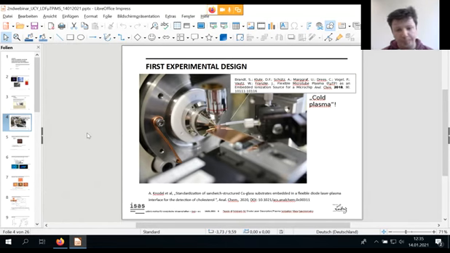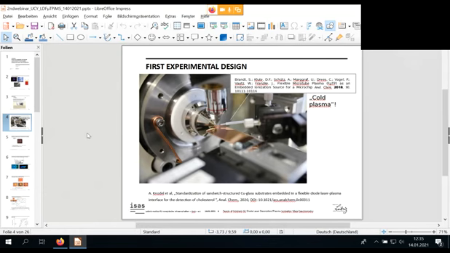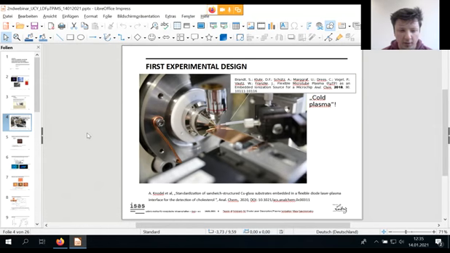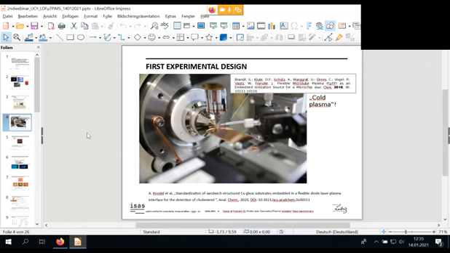Mm-hmm. And another one: have you ever tried to align the beam waist of the focus point? What do you mean, align to the surface? To align the beam waist, the characteristic length over which the lens focuses the light.